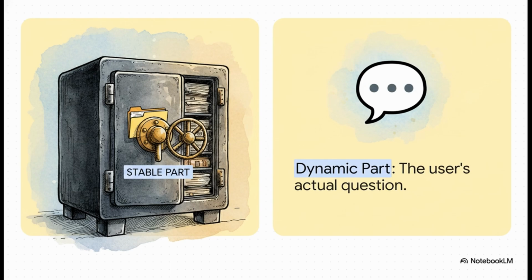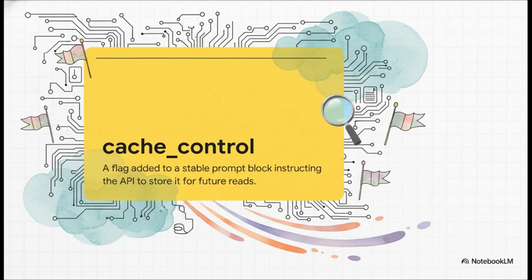Now, without caching, the API reads both of these parts every single time. And most of your cost, yeah, it's hiding right there in that massive stable part, which conveniently is exactly the part you can cache. To do this, you just add a simple flag called cache control directly to the stable block. It essentially tells Anthropic, hey, hold on to this for me.